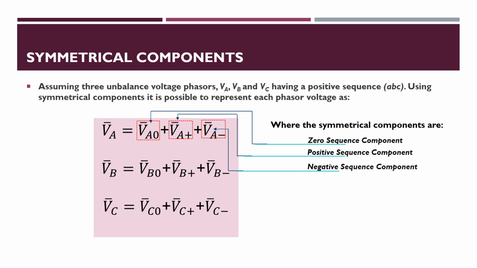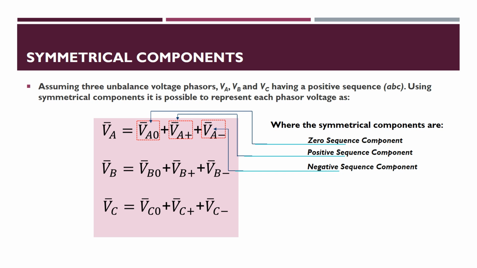And VA plus, VB plus, VC plus are the positive sequence, placed 120 degrees from each other, all equal in magnitude. And VA minus, VB minus, VC minus are the negative sequence, because the sequence is ACB as we discussed in the earlier slide.